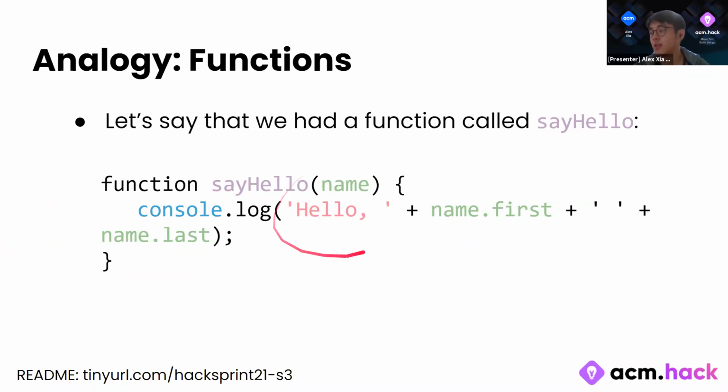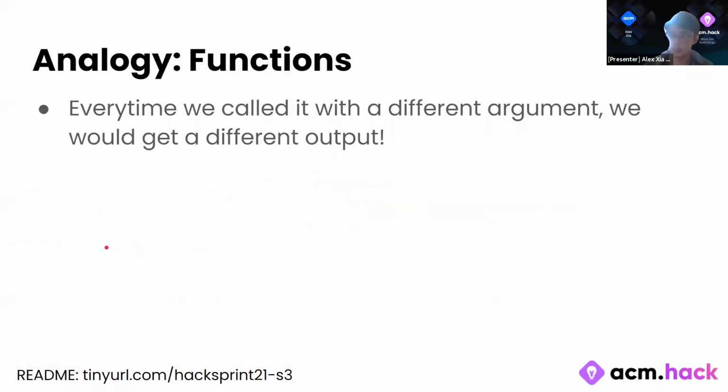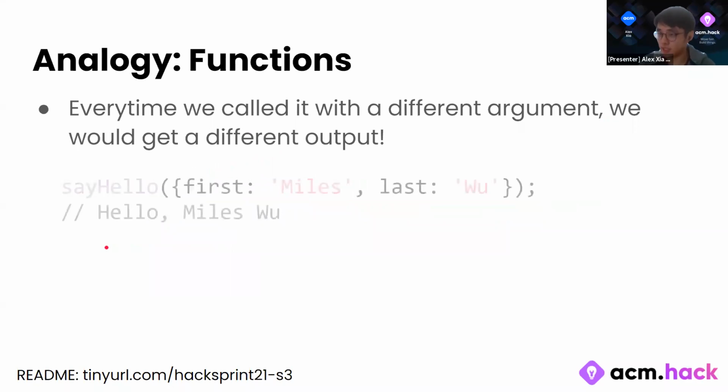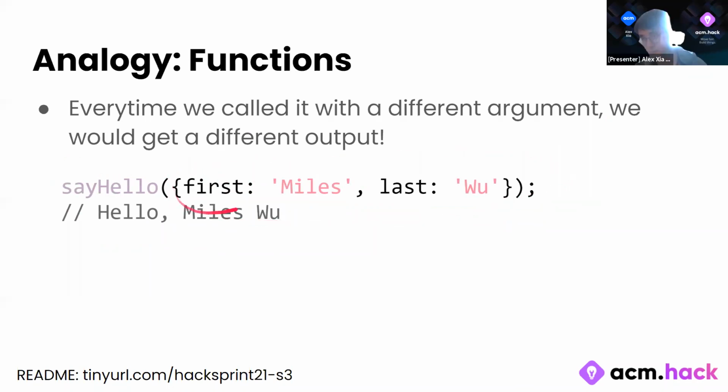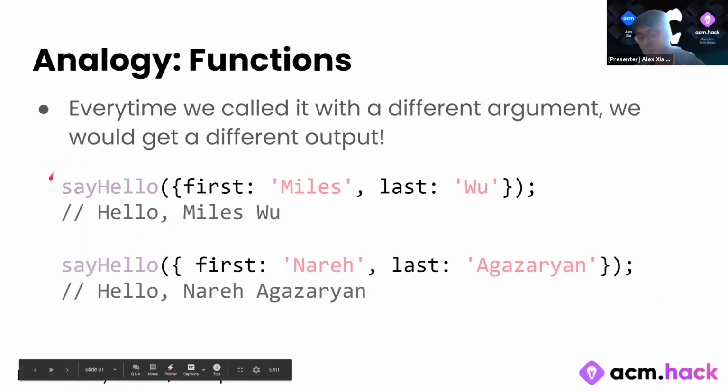It just console.logs hello, first name, and last name. If we called this function with a different argument, we would get a different output every time. So say we did sayHello with this object with first as Miles, last name Wu, it would be hello Miles Wu. And same for Nare. These two were our two presenters last week.